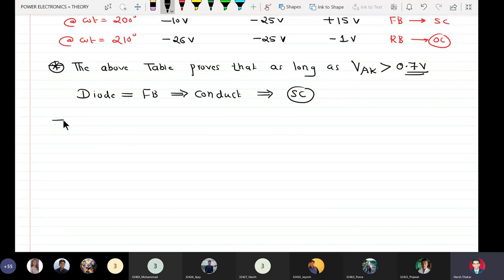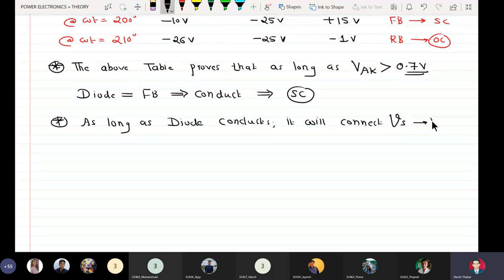And understand students one thing, that as long as diode conducts, it will connect the source voltage Vs to the load.